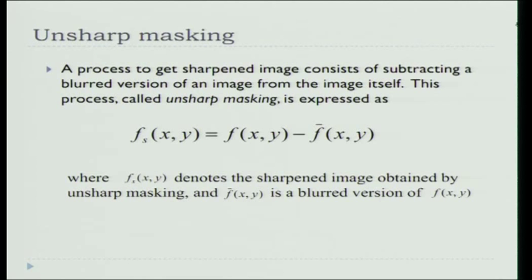Now, consider the reverse. I want to get the sharpened image, that is, whatever Laplacian filter component you got, I want to get it from the image f(x,y). The original image f(x,y) is given to you, and if I subtract the blur component, that should give me the sharp image.